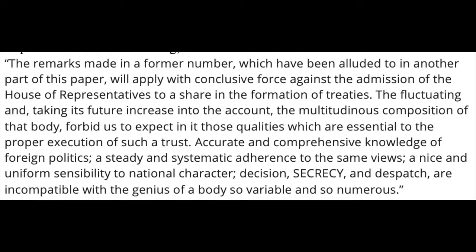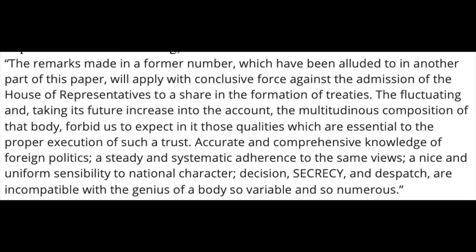So next, Hamilton alludes to the reasoning behind the exclusion of the House of Representatives, characterizing it, and I quote, "The remarks made in a former number, which have been alluded to in another part of this paper, will apply with conclusive force against the admission of the House of Representatives to a share in the formation of treaties.